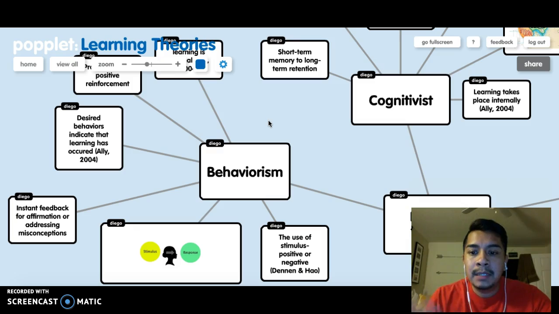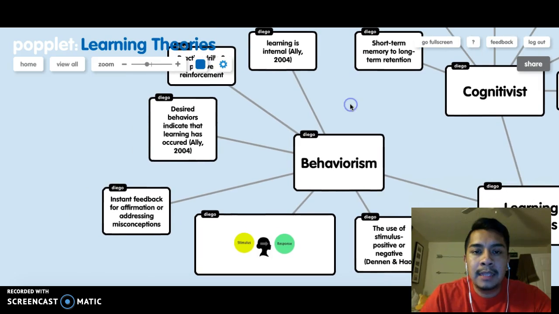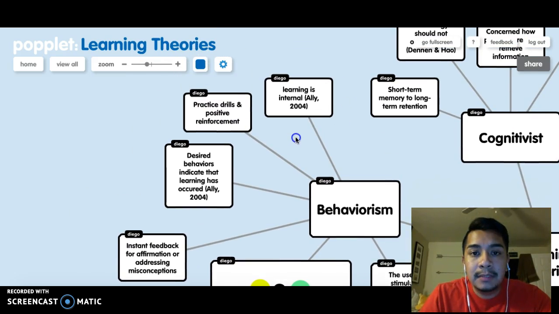That's how you know they're learning, because they add those two-digit numbers. That's the behavior that reflects the learning.